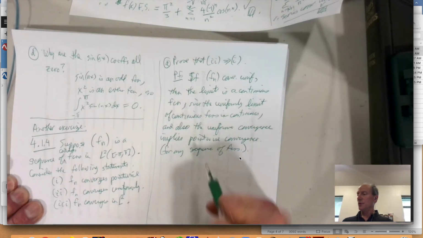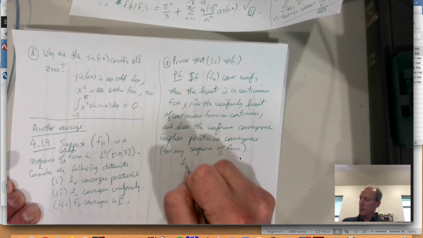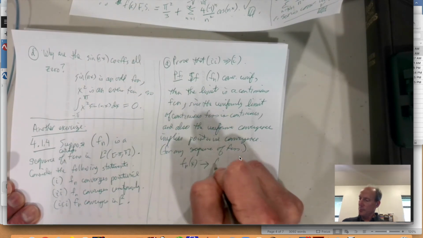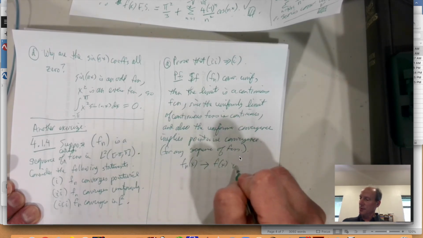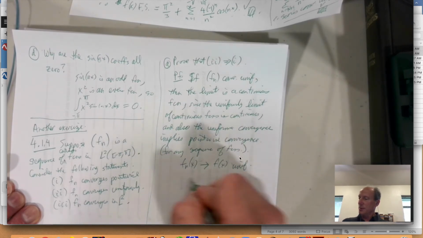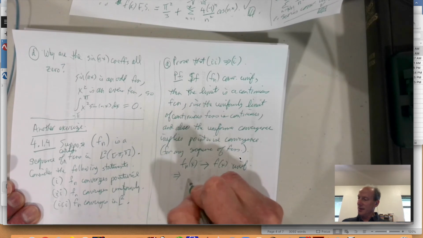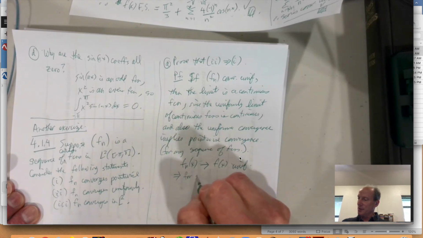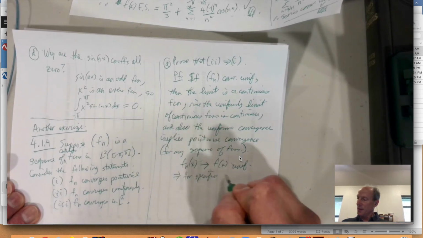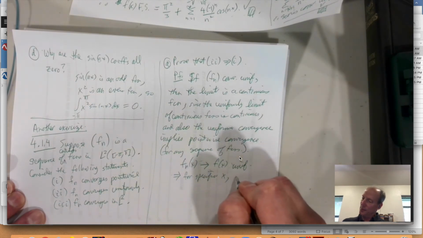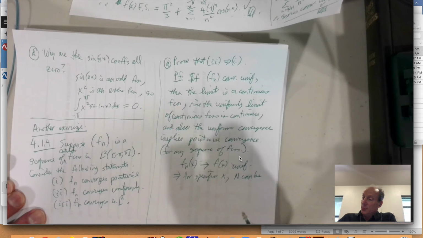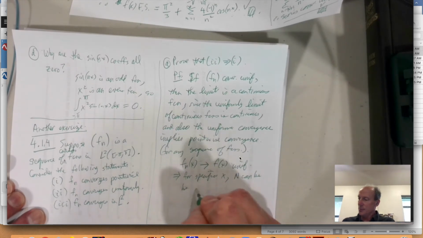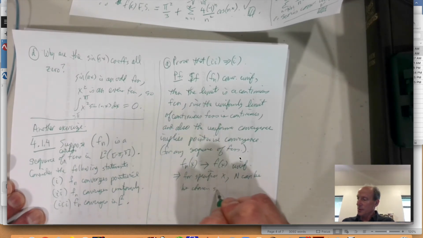So in other words, if you pick an x, and this converges uniformly, that implies that for a specific x, the N can be chosen independent of x, but it doesn't matter. Okay.